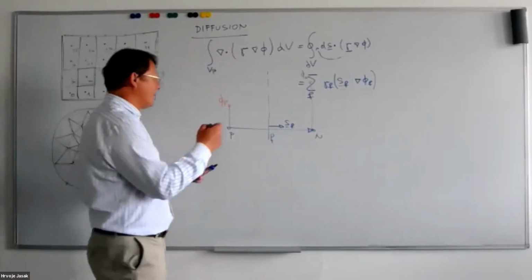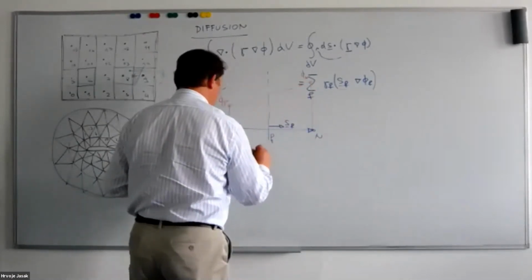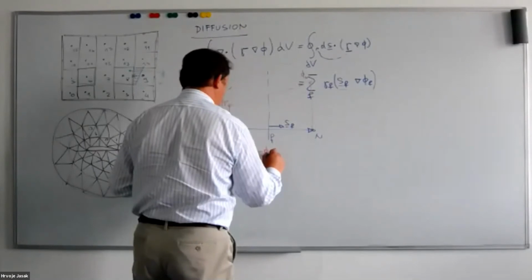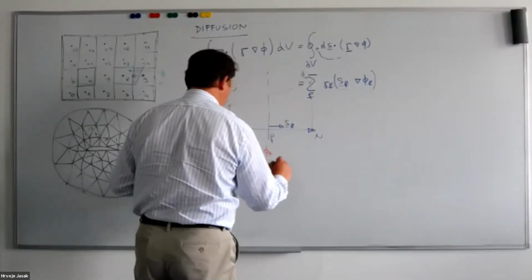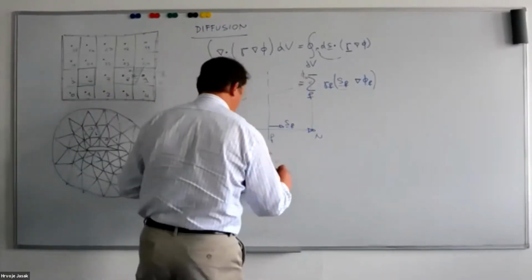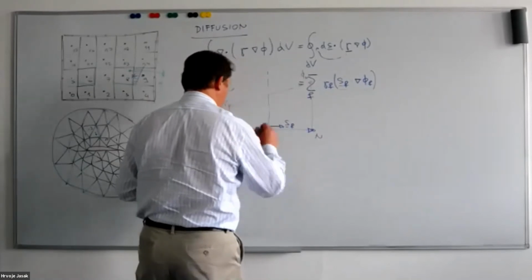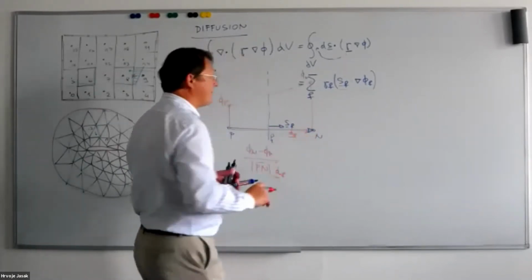Well, that's easy. Phi N minus phi P over magnitude PN, or as I call it in the slides, the d vector, which is this vector here. Okay.